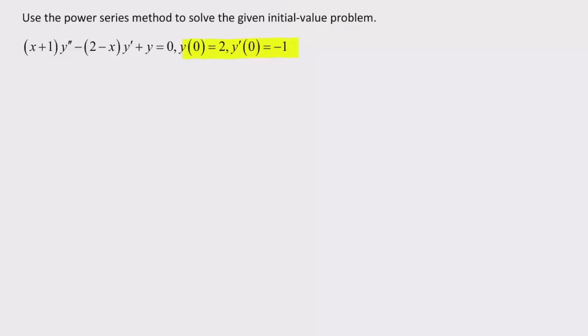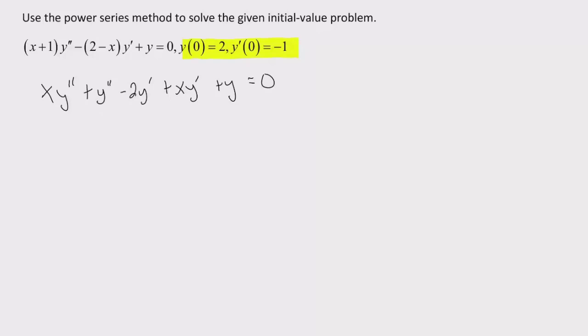No, it didn't go anywhere. So if I expand this out, I get x y double prime plus y double prime minus 2y prime plus xy prime plus y equals 0. Okay, so we're going to have to do a lot of conversion here.